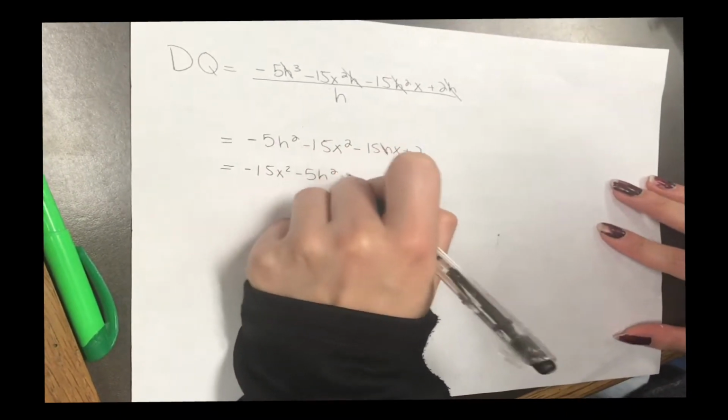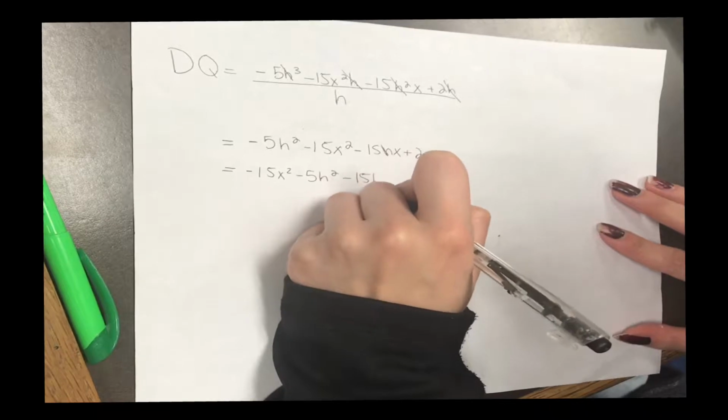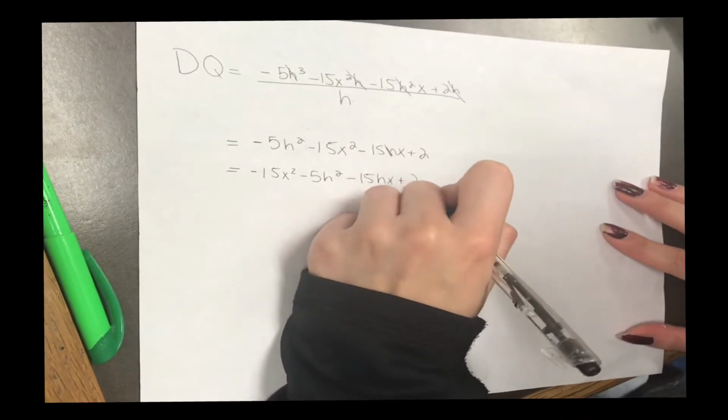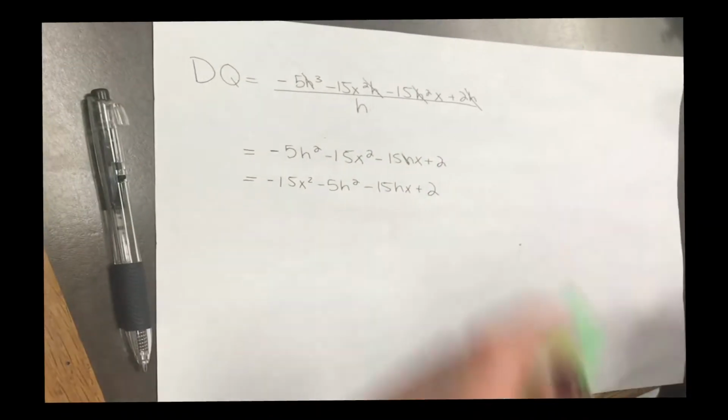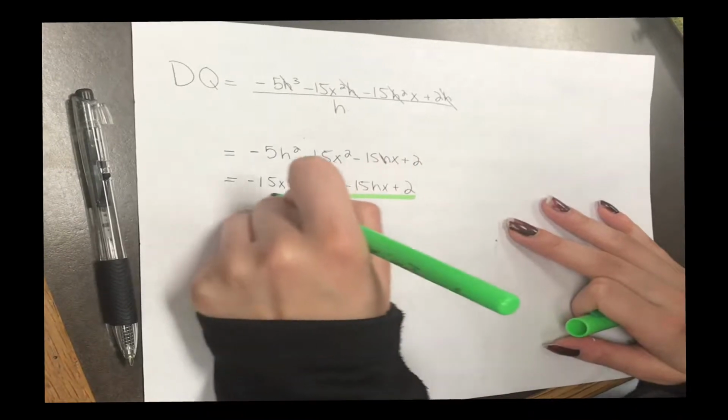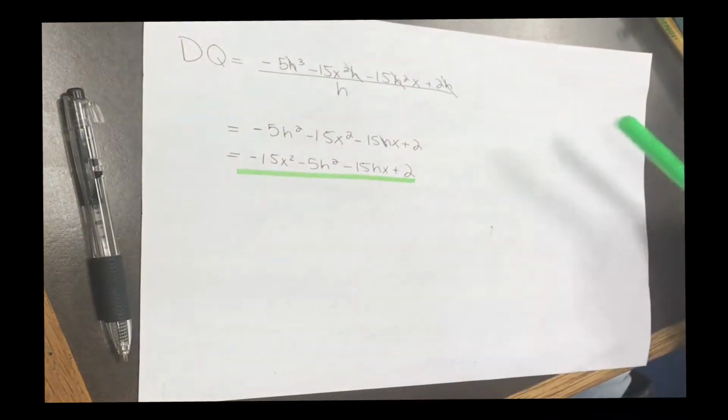So then you're just going to rewrite the equation. It's going to be negative 15x squared minus 5h squared minus 15hx plus 2.